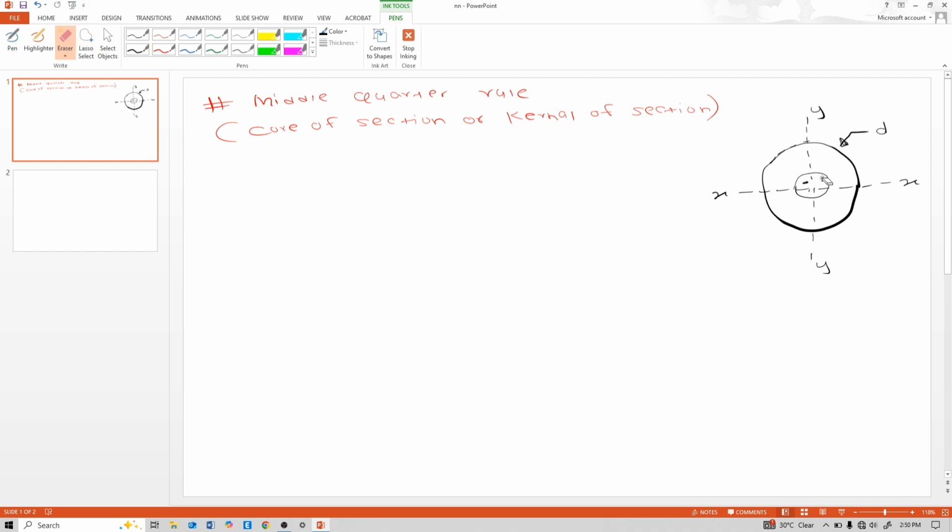And this is that central region. The centrally located portion of a section within which the load must act so as to produce only compressive stress is called the core of a section. So within that region there is no tensile stress. Tensile stress is outside that region. Here tensile stress will come, but within that region there is no tensile stress.